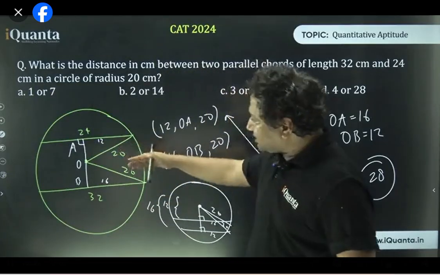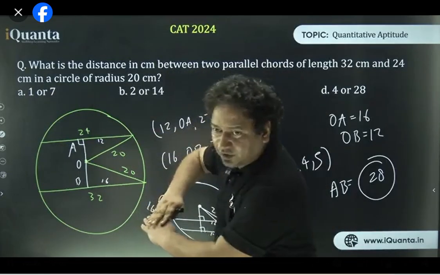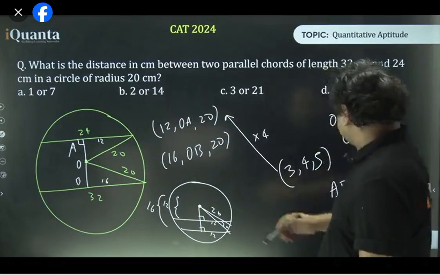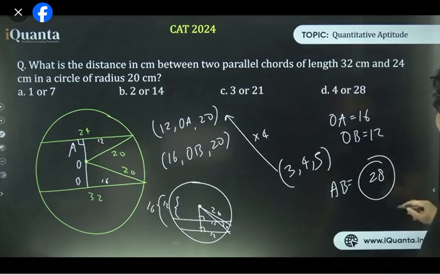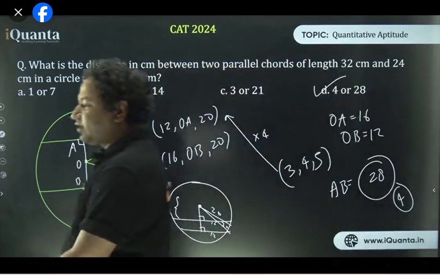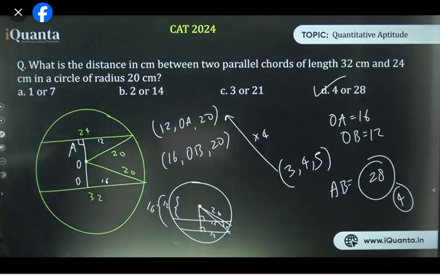In the earlier case, the chords were lying on both sides of the center. Here the chords are lying on the same side of the center. 16 minus 12 can also be an answer. So if I subtract it, I'll get 4. Answer is 4 or 28. Is that clear? Because it's not given in the question if they are lying on the same side of the center. Cool.